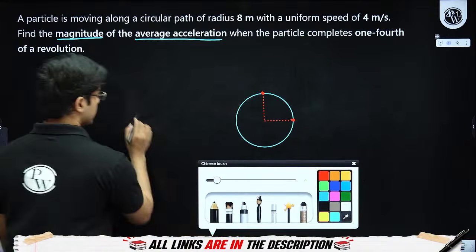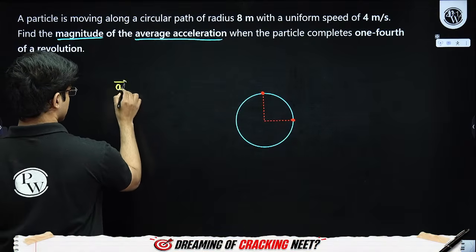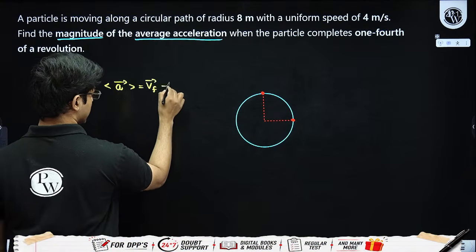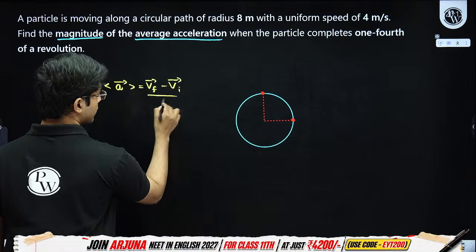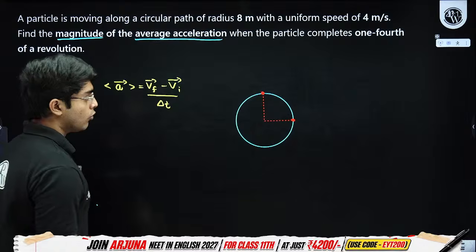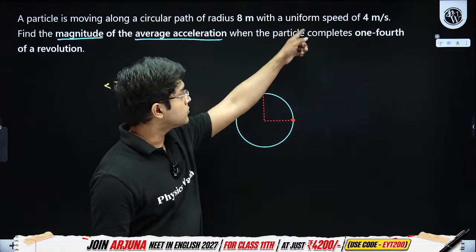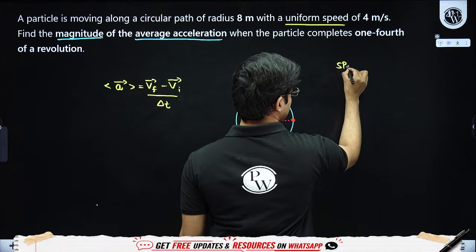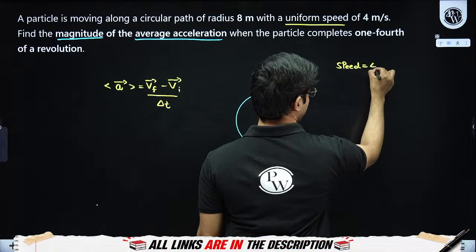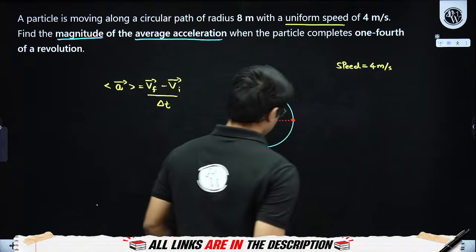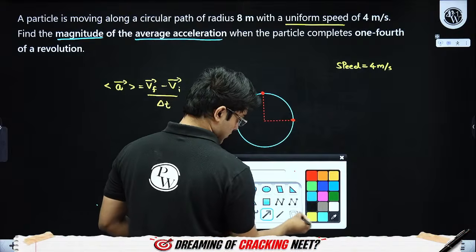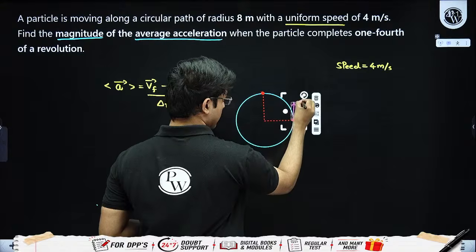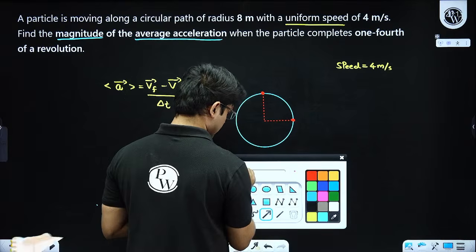For average acceleration, we need the final velocity vector and the initial velocity vector, and then divide by the time duration. The speed is constant, always 4 meters per second in this circle. Velocity is always along the tangent.